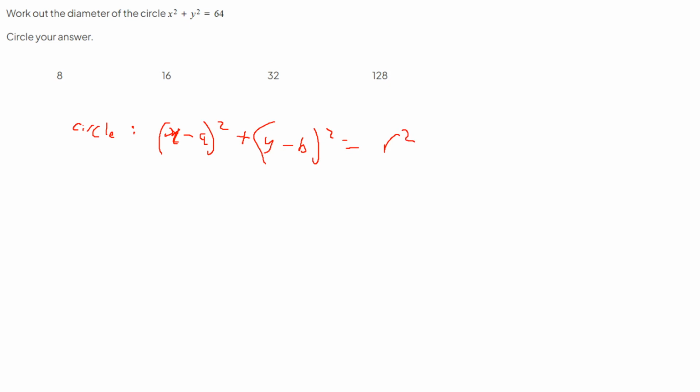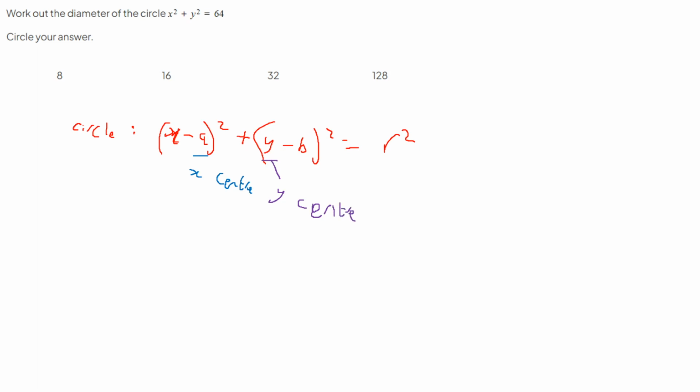And this is the x coordinate of the center, and this is the y coordinate of the center. This is mainly for further maths people. I just thought I would mention it just in case there are a few people doing further maths. But for this video, we won't have anything with a's and b's, because in this case it will be just in the origin.